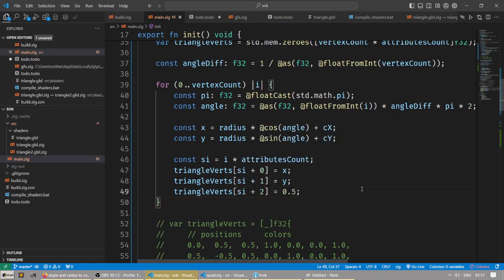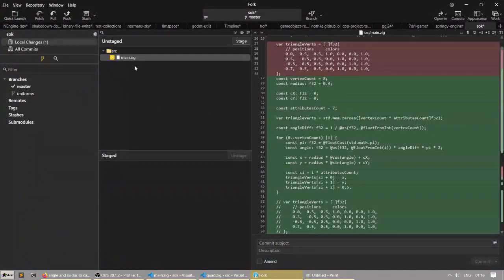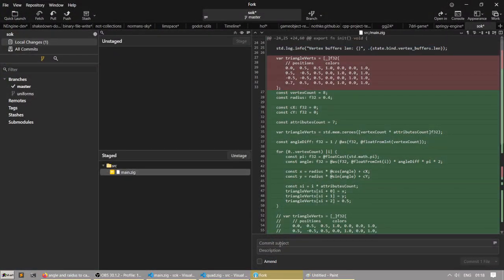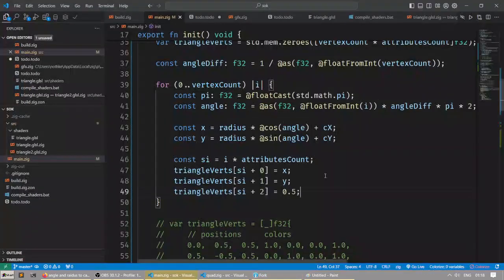First, let's be proud that we drew a circle. Circle. 8-sided. Black and 8-sided. Okay.